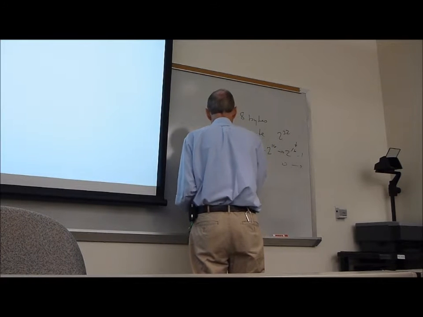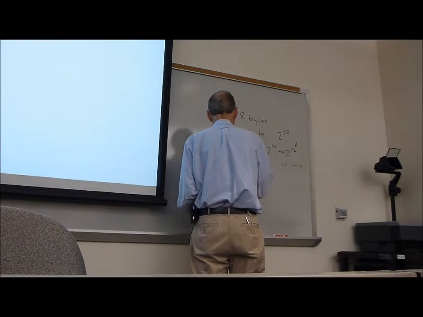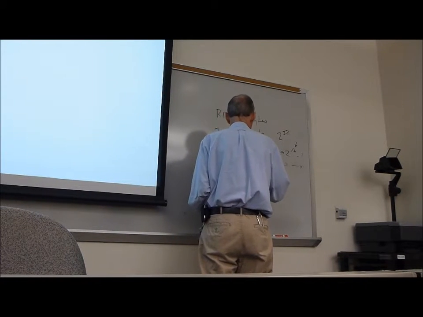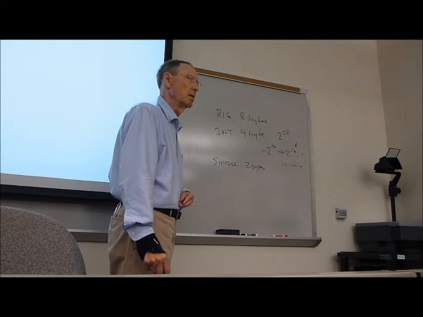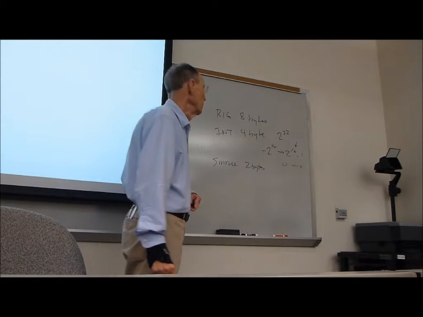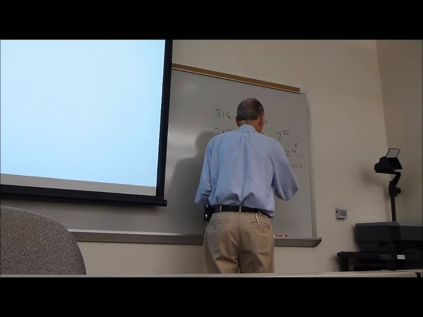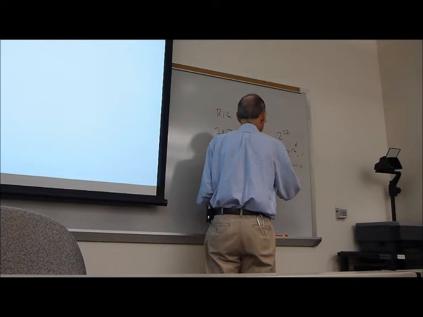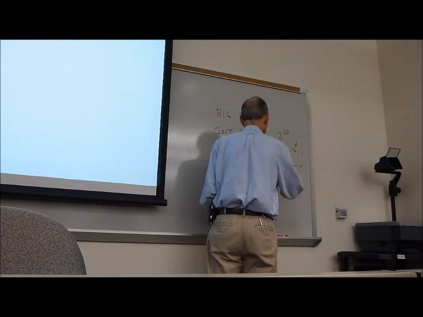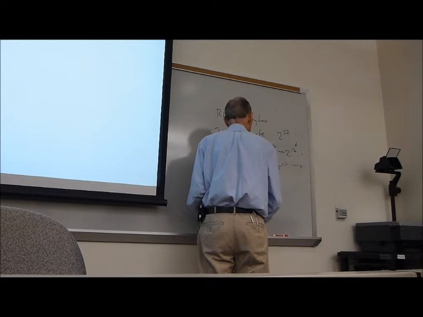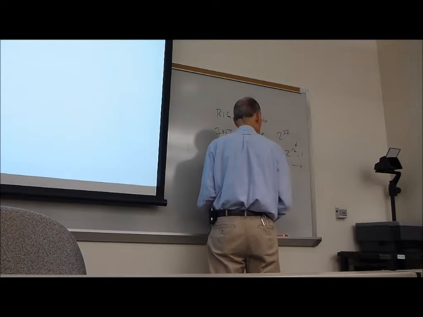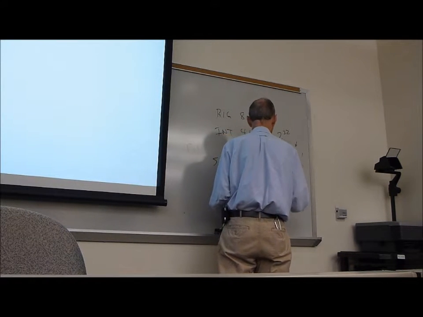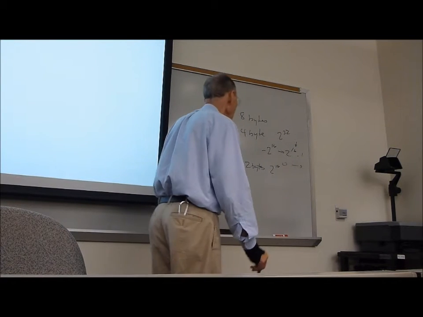The small int is 2 bytes, 32,000 something, and that's 2 to the 15 total, and then 2 to the 16. You just divide it out.